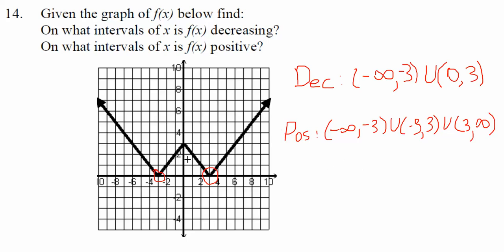So that would be that particular interval, because the only place it's not positive is at -3 and 3, so we had to leave those out.